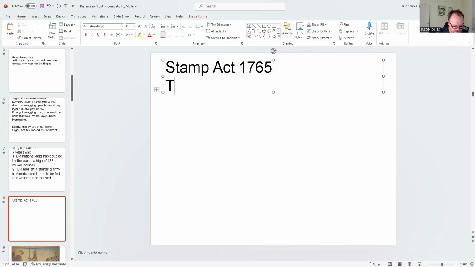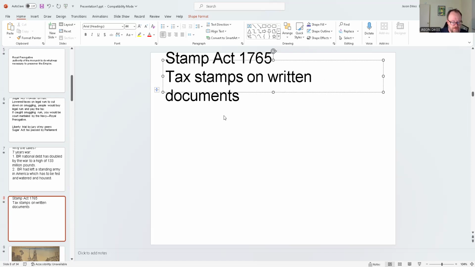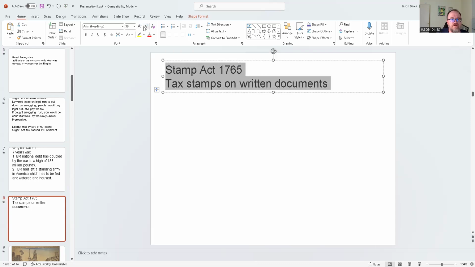The Stamp Act placed what were called tax stamps on written documents. So anything that you got from a doctor, anything you got from a lawyer, anything you had to file with the county, deeds, wills, ownership papers, medical license. If you're a lawyer going into practice, you have to register your law firm, that type of stuff.